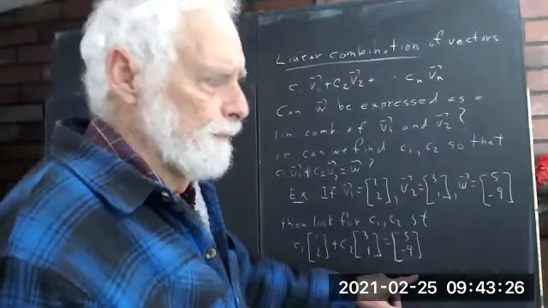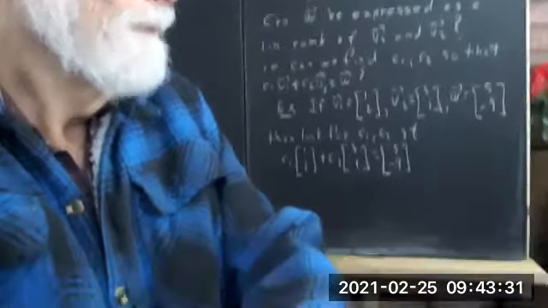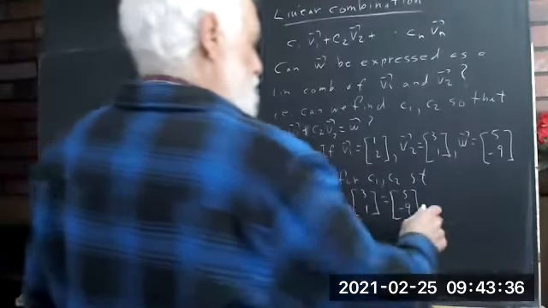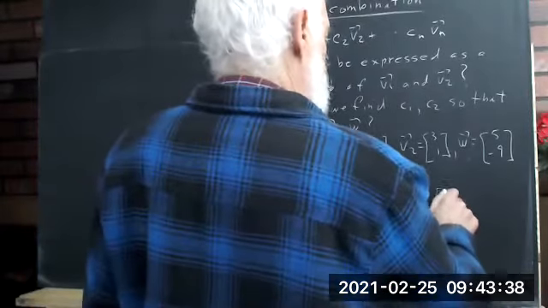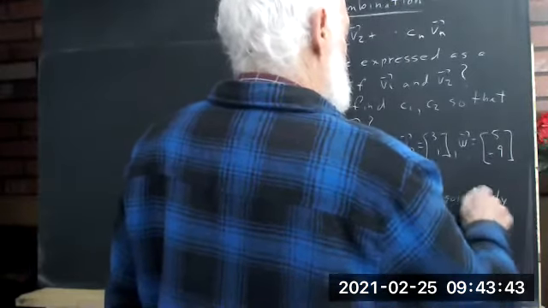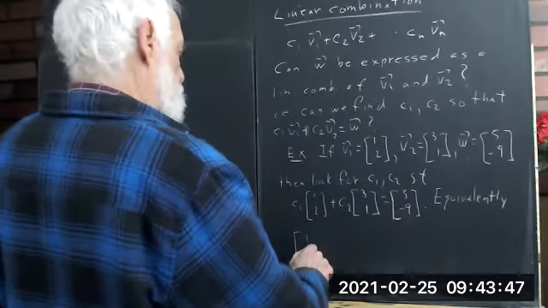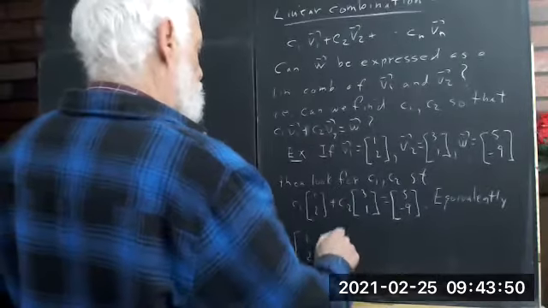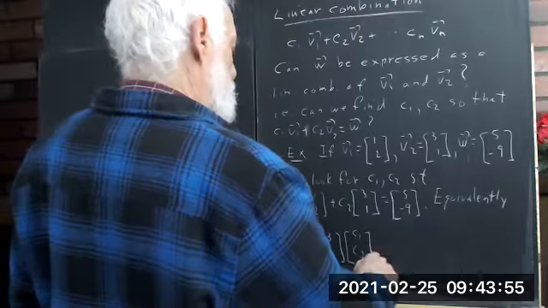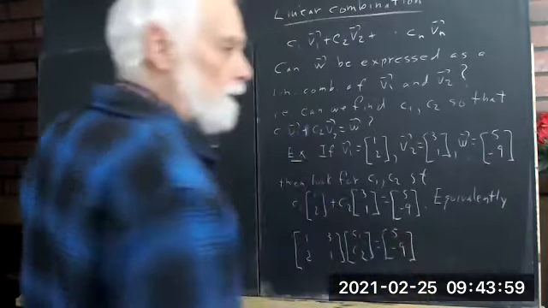Now, this equation can be rewritten, equivalently, we write this equation as the matrix 1, 2, 3, 1 times C1, C2 equals 5, -9.